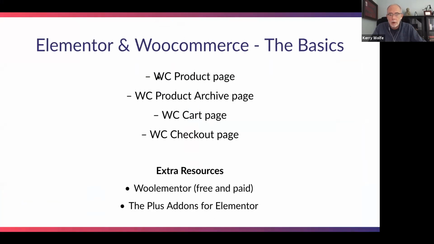We're going to go over the product page, product archive page, and we can actually do a fair amount with Elementor on the product page and the product archive page, but we really can't do a whole lot with Elementor Pro with the cart page and checkout page. But I'm going to point you in a direction where there's some resources that can do more with that. But I'm going to show you a little bit about the product page and the product archive page.